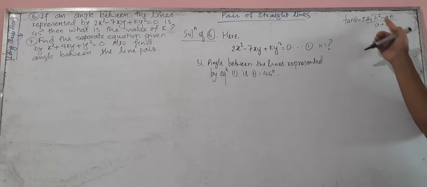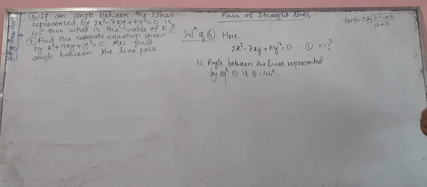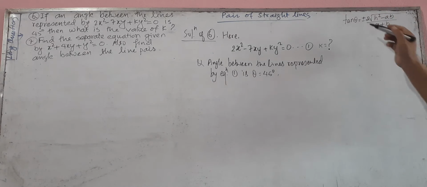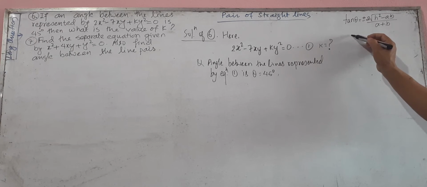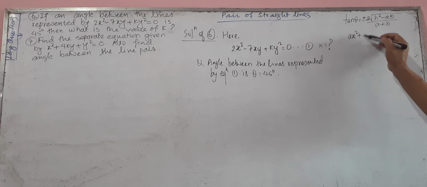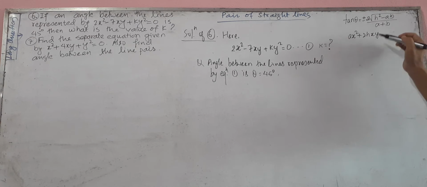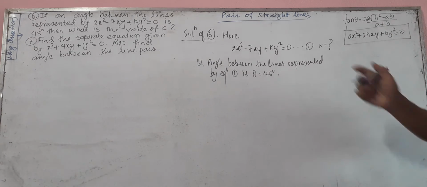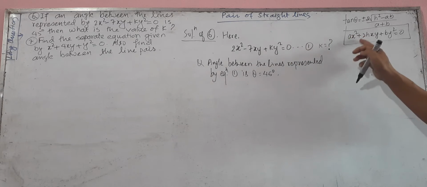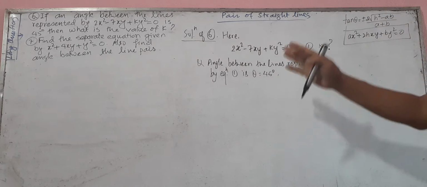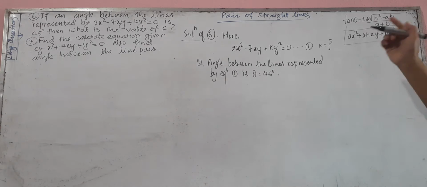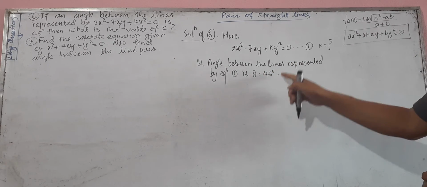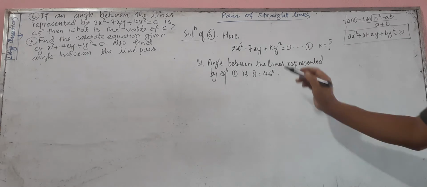So we have to find a, b and h. a is the coefficient of x square, h is obtained by comparing the coefficient of xy, and b is the coefficient of y square. Comparing the given equation with this, we get the values of a, b and h, and in simplification using theta equal to 45 degree, we can find the value of k. Now we start our solution.